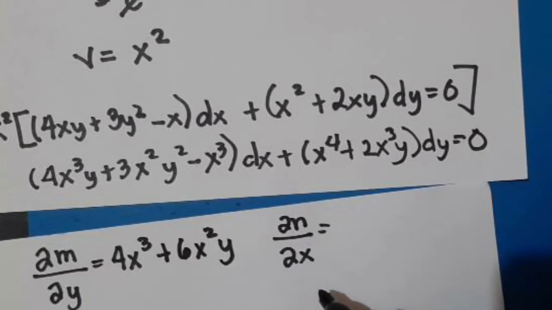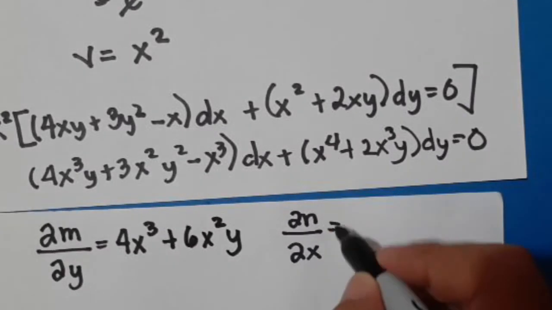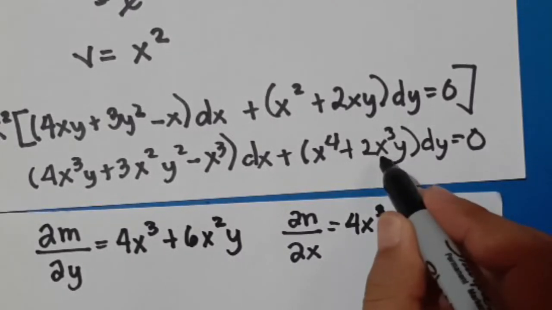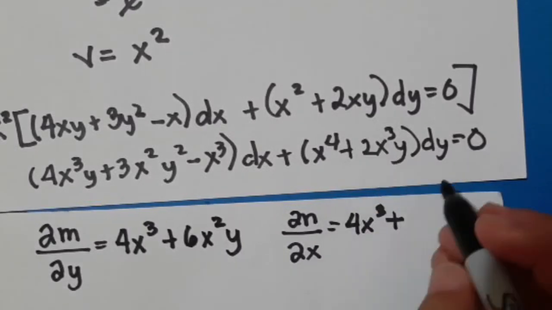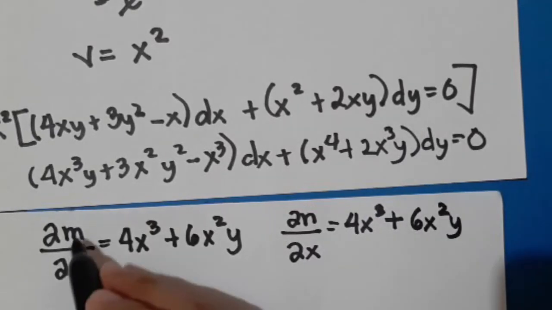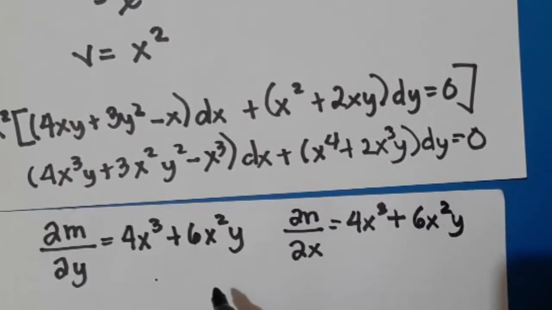On the other hand, we have Nx. The derivative of x to the fourth is simply 4x cubed, plus the derivative of 2x cubed y is 6x squared y. And My is equivalent to Nx, therefore this is now exact.